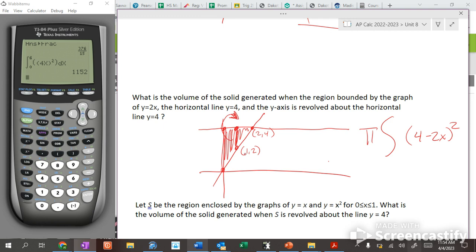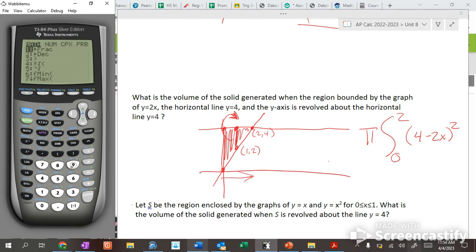And then we go from where to where? 0 to 4 or 0 to 2? We're revolving around the line y equals 4. So it'd be 0 to 4 or 0 to 2? 0 to 2, because it's my x that I'm measuring across. Okay? So, math 9 from 0 to 2 of 4 minus 2x.